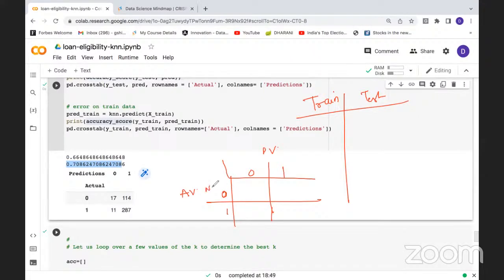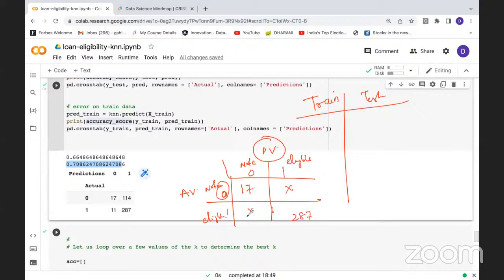These are the people who are not eligible, predicted not eligible, and who are eligible, predicted eligible. Your model is saying 17 people are not eligible, and the actual and predicted values are both equal, 17. Both are correct.